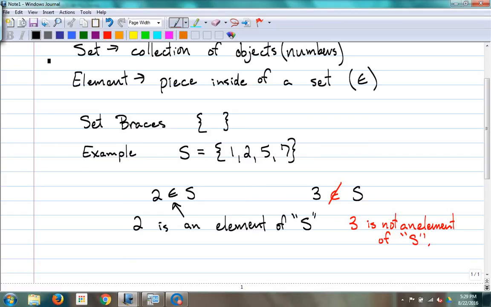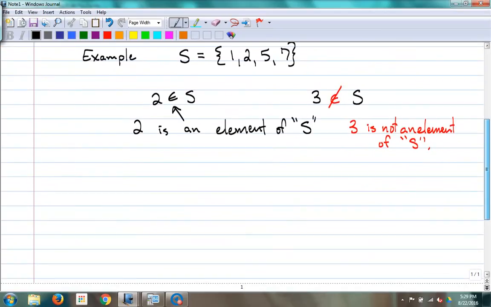All right. When we're talking about sets, there's 2 different kinds that we'll deal with in here. One is called a finite set. And the other kind is the opposite of that, an infinite set. Two very different things, but they're both sets.